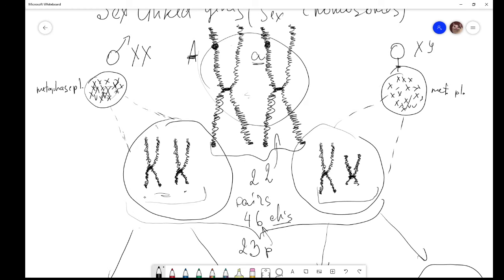In the female organism, we can find two X chromosomes. In the male organism, I'm sorry, I drew the male like a female.